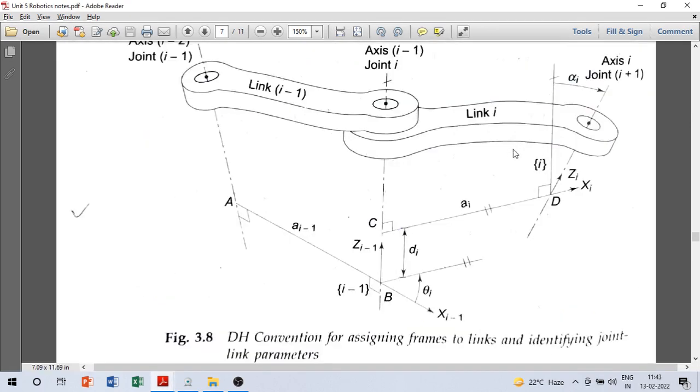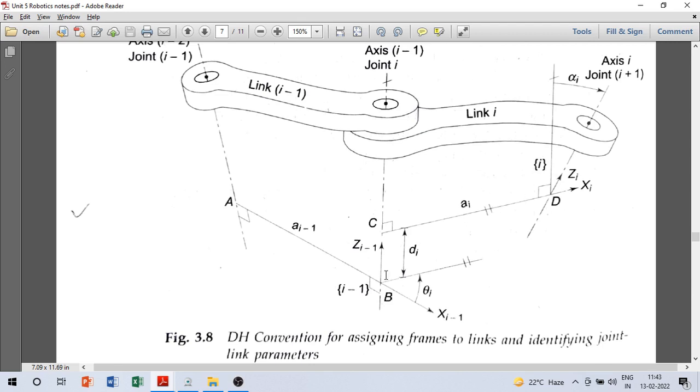Now we have here frame i and frame i minus 1. So we need a matrix that can describe the mapping, and what that matrix should use is only these parameters that we have: ai, di, theta i, alpha i.